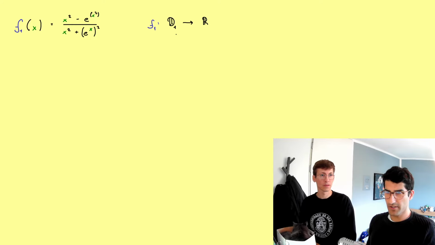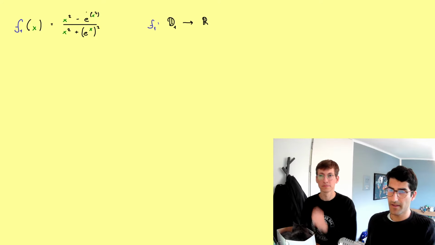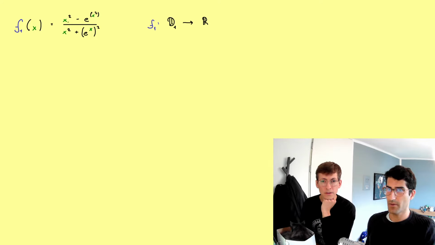Something that should always catch our attention when we have an expression that is a fraction is that we need to take a look at the denominator, because as you know, we are not allowed to divide by 0. So we need to make sure that every time we plug in something in this expression, it does not give us 0 as a result.